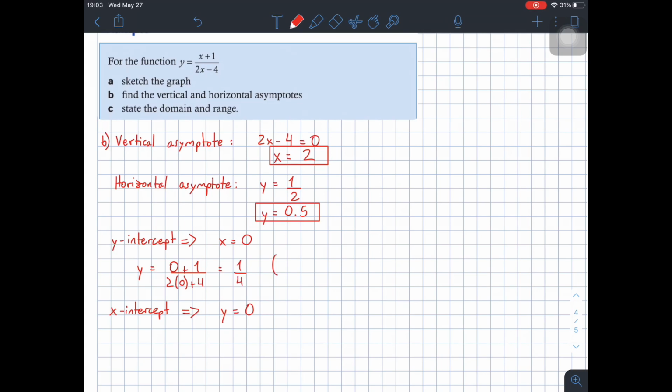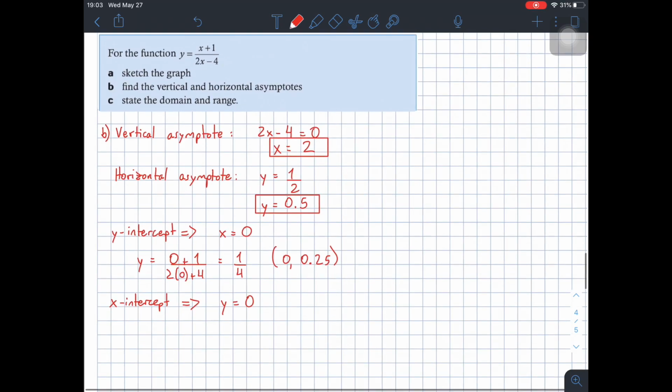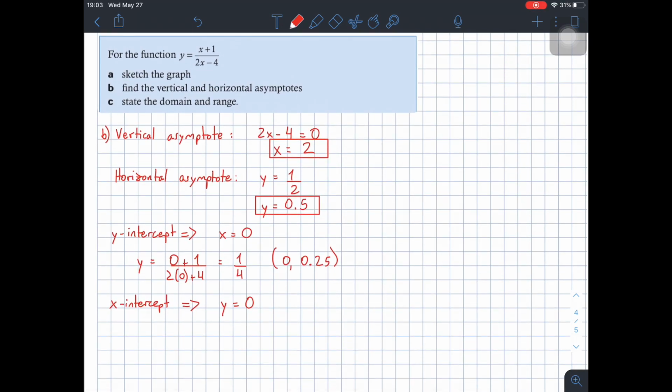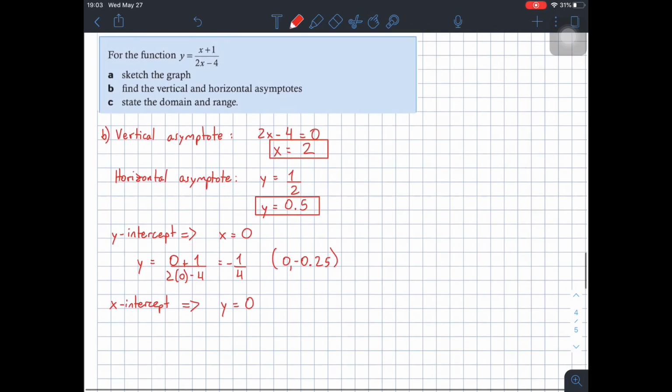So 1 point is (0, 0.25), which is 1/4, right? And sorry, this is minus 1 actually. So it's negative 1/4. So this is negative 0.25.